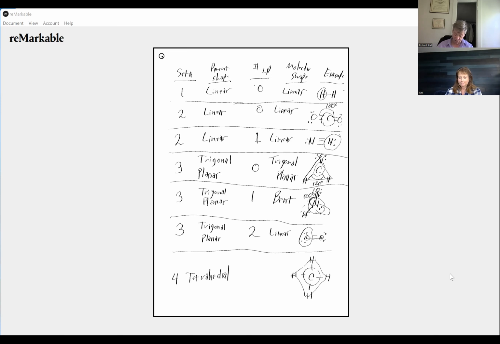And obviously, let's just finish this line. We have 0 lone pairs, which means the molecular shape is tetrahedral. What is tetrahedral? Really hard to draw because we are trying to do this on a 3-dimensional surface.